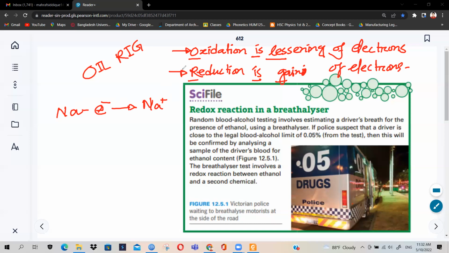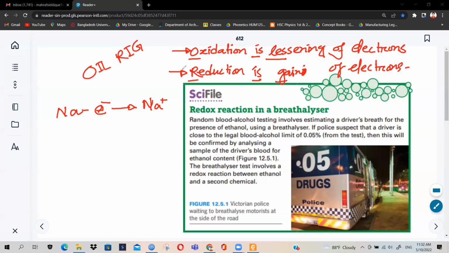Why reducing? Because it's taking away an electron. Yes, sodium is a reducing agent, that is correct. But what is the process name? The process could be oxidation or reduction. Oxidation, right. You are bound to get confused, that is why I'm saying it again and again.